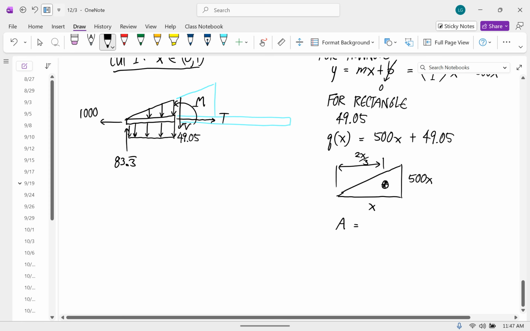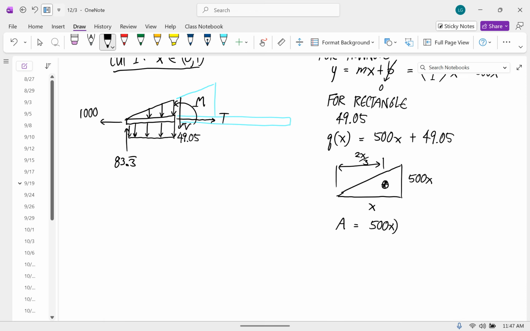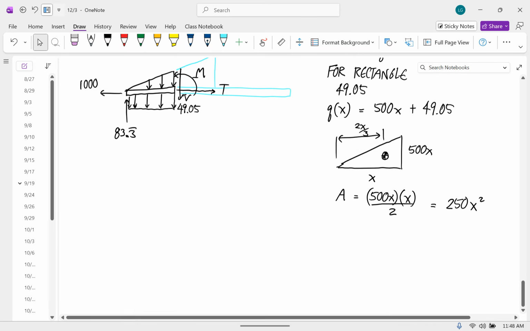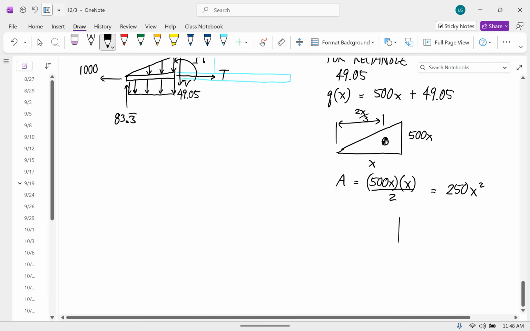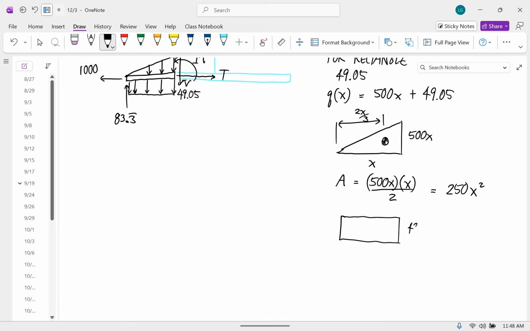The area is 500x times x over 2. So 250x squared. And then for the rectangle, we have a height of 49.05, a width of x. The centroid's in the middle. The area is 49.05x.